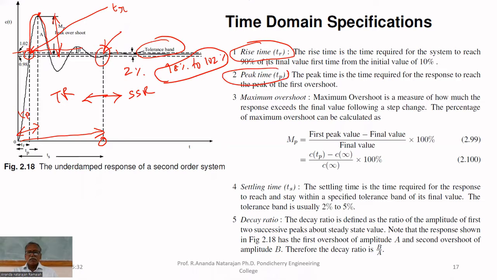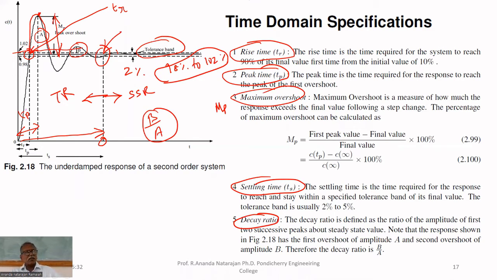So we have seen peak time, maximum overshoot MP, and settling time. Decay ratio: the first peak, the magnitude above the final value, is A. The second peak, the magnitude above the steady state value, is B. That B by A is called decay ratio.